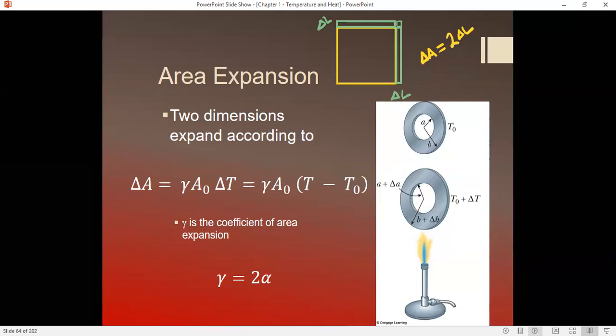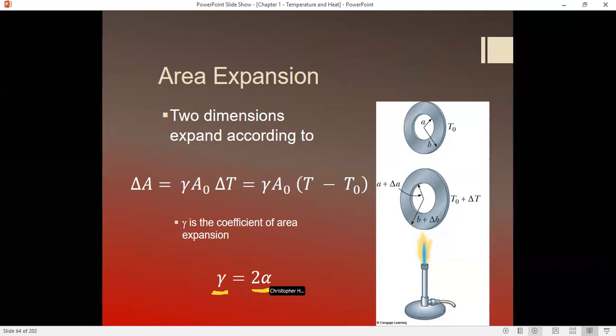So that means that if I come up with an area coefficient of expansion, and actually you've got to be a little bit careful here, because this time is times the original L. But in any case, geometrically, I was trying to show you that the area coefficient of expansion is approximately equal to twice the linear coefficient of expansion.